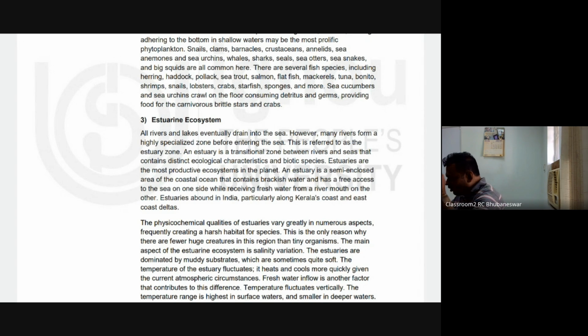When rivers enter the sea, they form deltas or estuaries. Some estuaries are very large, so they develop their own ecosystems, with characteristics of both the marine and aquatic ecosystems.